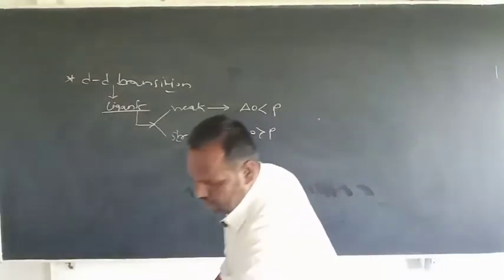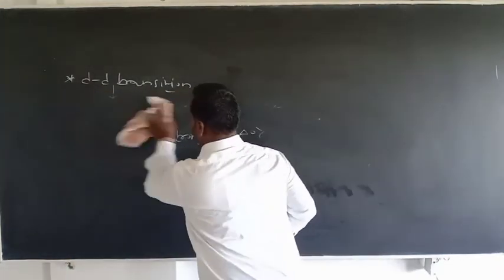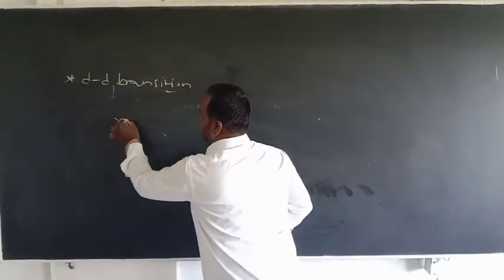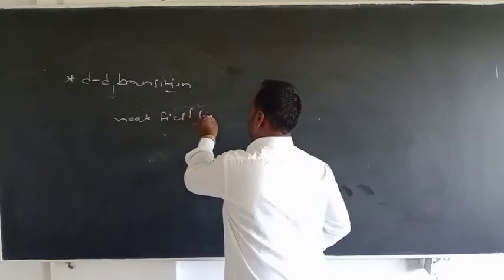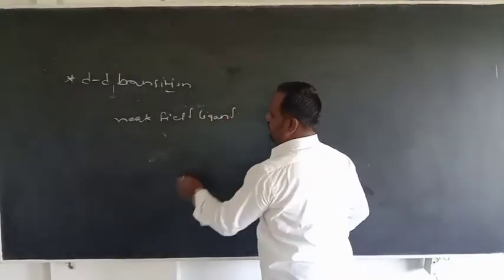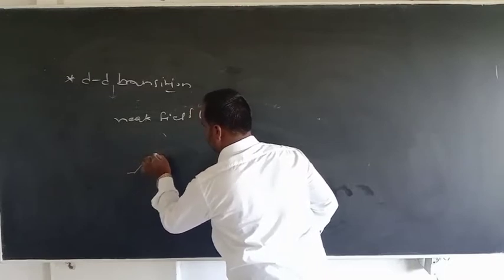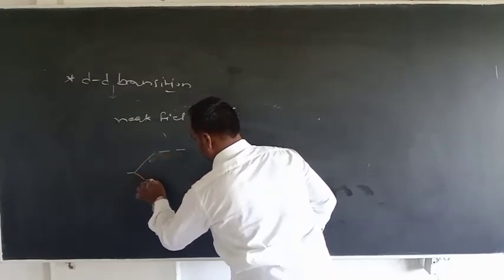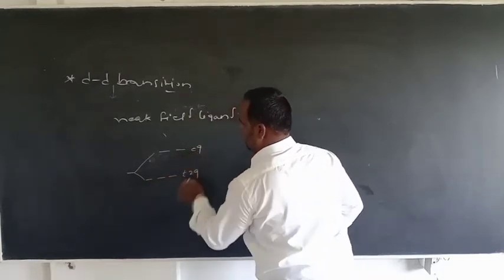So let us consider the nature of the ligand. If you consider a weak field ligand, the d orbital is split into T2g and Eg.